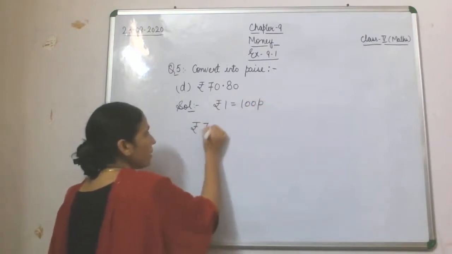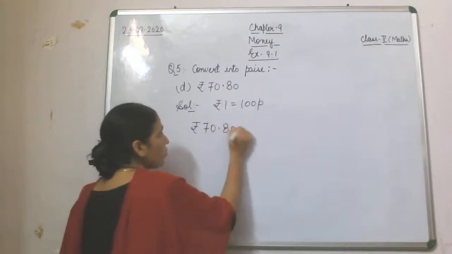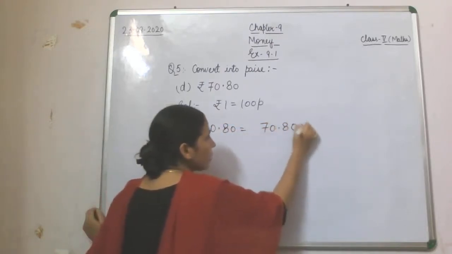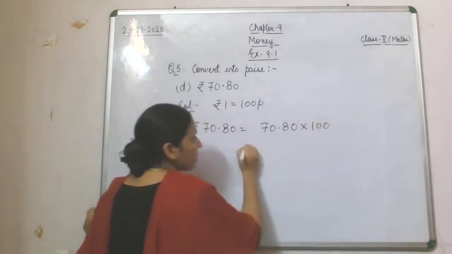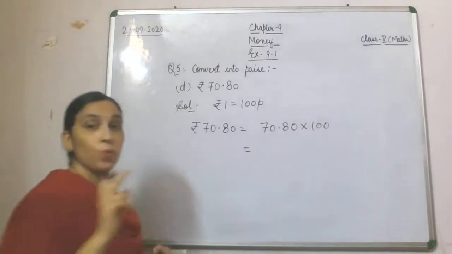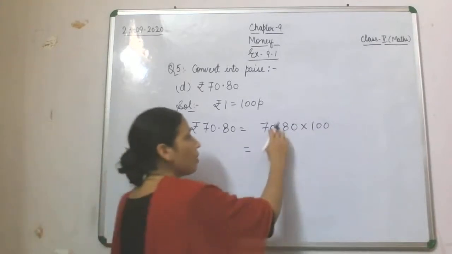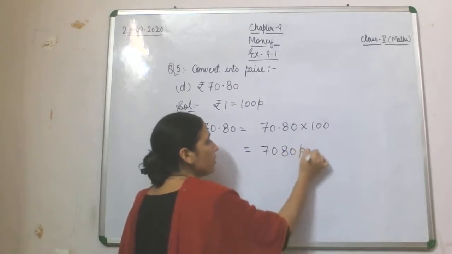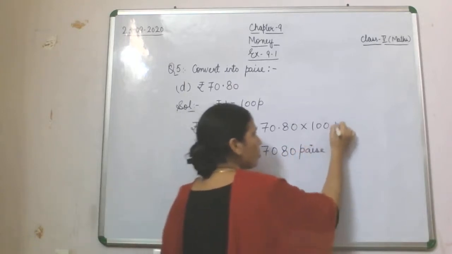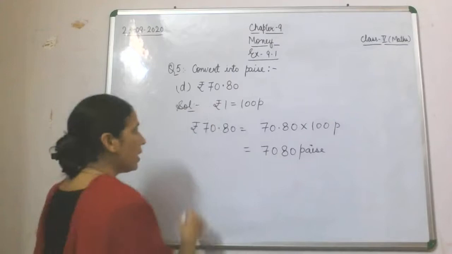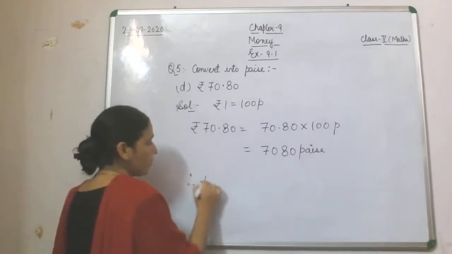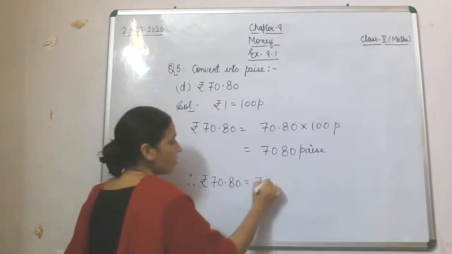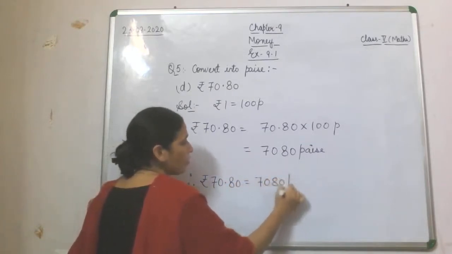Rupee 70 and 80 paisa. 70.80 will be multiplied by 100. Now the decimal will shift two places towards the right, and that will become 7080, and the unit will be paise. Here also you can write the unit P, and then write therefore rupee 70.80 is equal to 7080 paise.